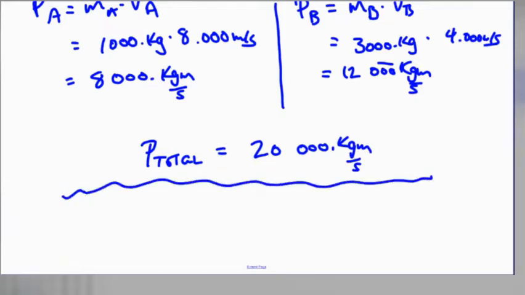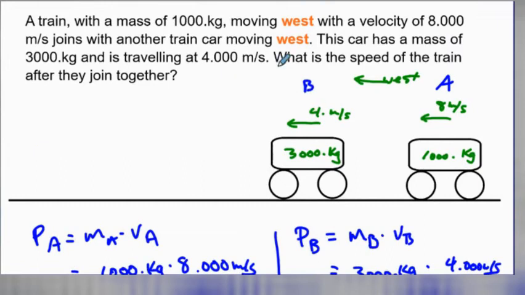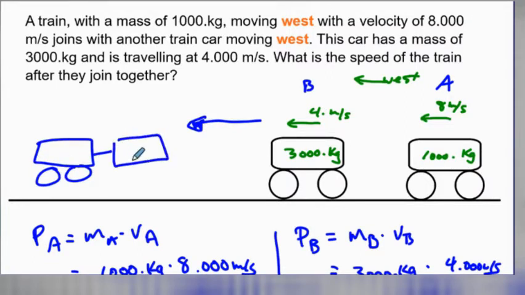Once again, please note, they're both moving in this direction. So what's going to happen after they collide? Well, after they collide, they're both going to be moving in this direction, but they're going to be hooked together somehow. They got Velcroed together, and they are still moving in the west direction, and they're going together.